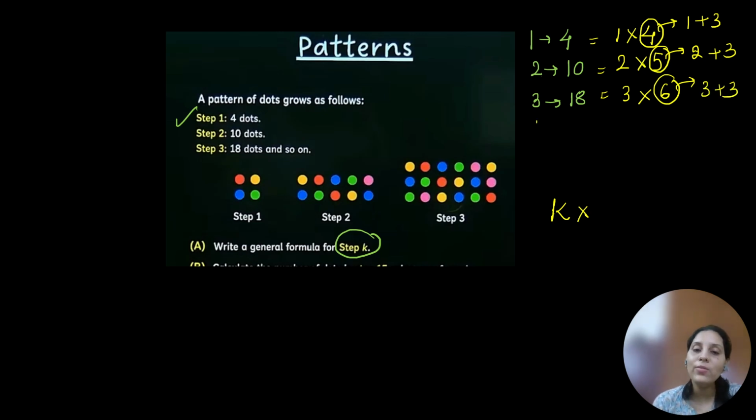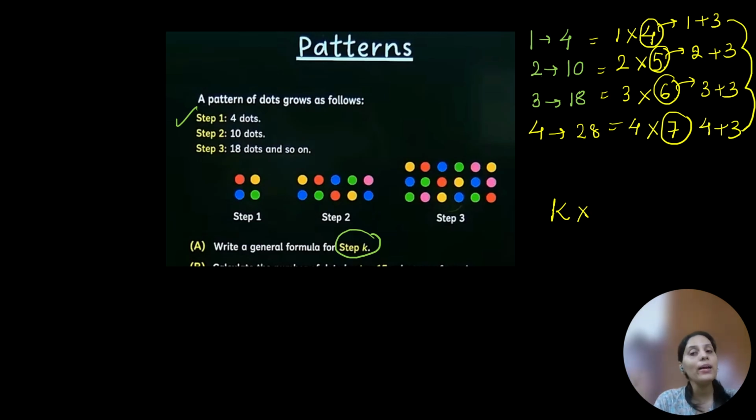So if I find for the fourth one, it is going to be step into 4, 5, 6. Next should be 7, which is 28. Now 7, if I see, it is 4 plus 3. So 3 is a constant, isn't it? Every time it is increasing by 3. But what is this 1, 2, 3?